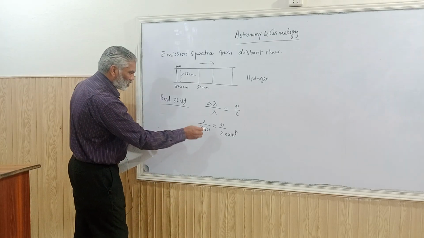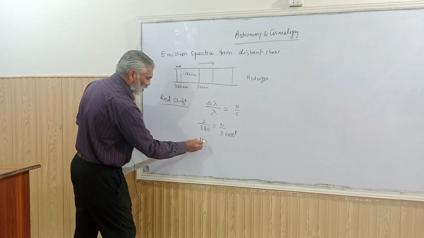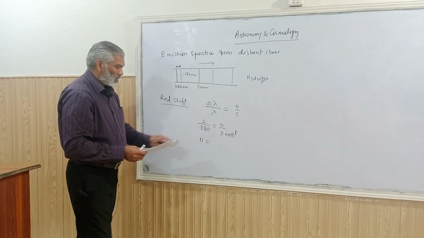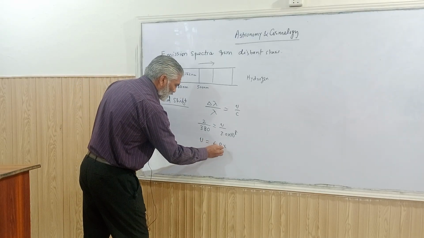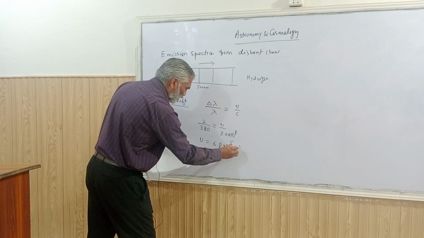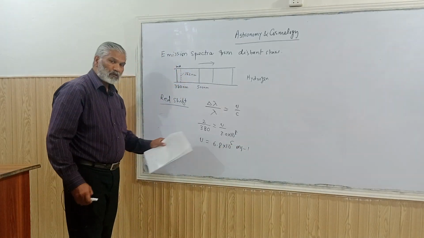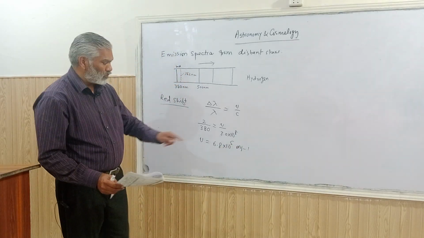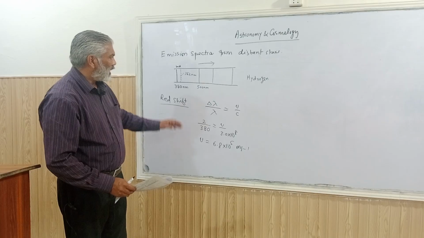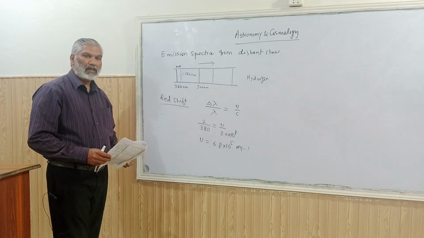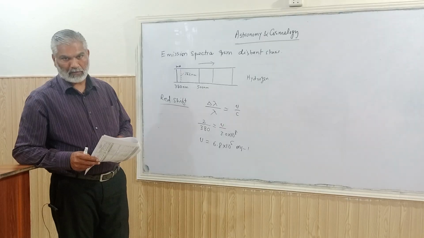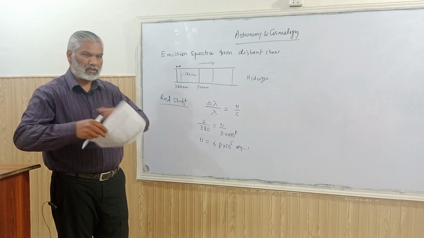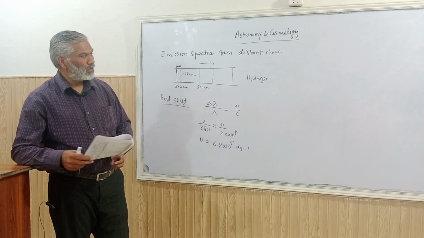If I use this calculation, the speed of the star comes out to be nearly 6.8 into 10 raised to power 5 meter per second. This is the speed with which the star is moving away from us, confirmed by the red shift. This is a very strong evidence in support of Big Bang theory, which claims that the universe is expanding and all things are moving away from us.